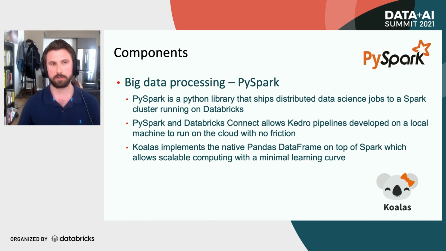And so Spark has a different framework of programming data sets and constructing data sets. So Koalas is a library that implements the native pandas data frame on top of Spark, which allows for very little learning curve for a new data scientist who's familiar with pandas but isn't familiar with Spark to come in and start creating pipelines in the same way that they've learned to do that.